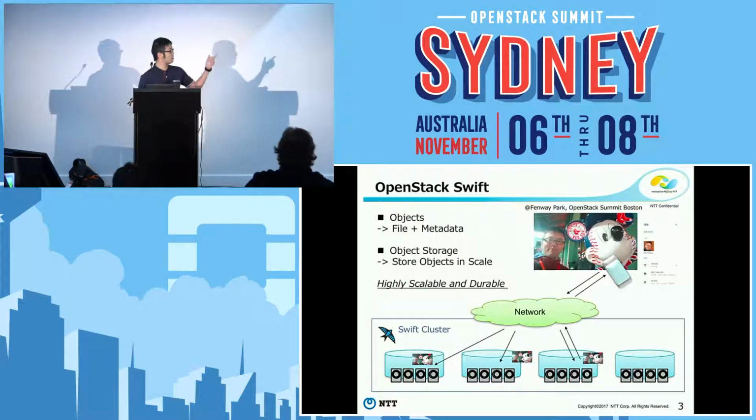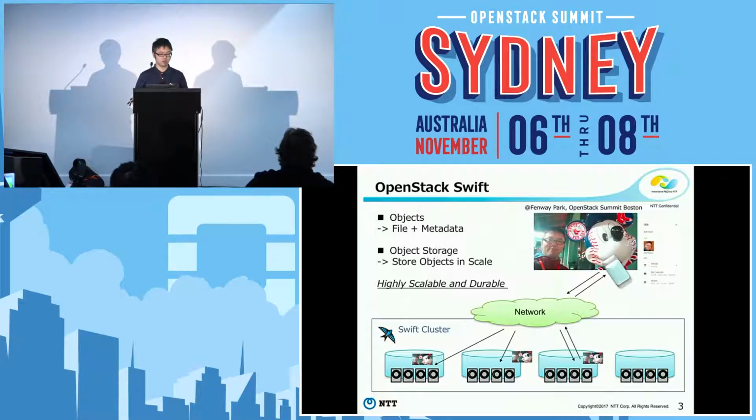For example, this picture was taken at the Boston OpenStack Summit, which happened in May this year. So who is in it and where the photo was taken is extra information stored as metadata. And object storage is for storing objects at scale.